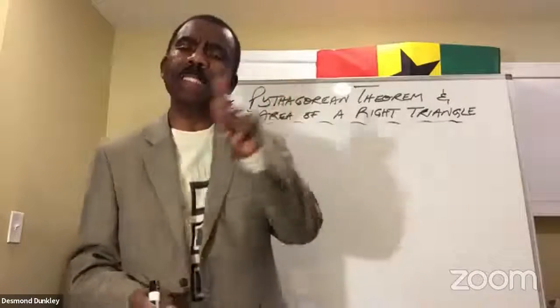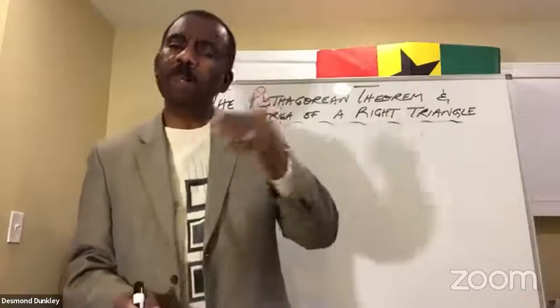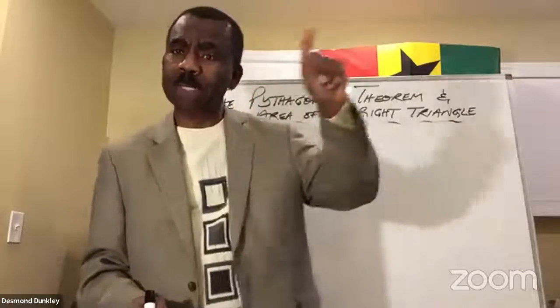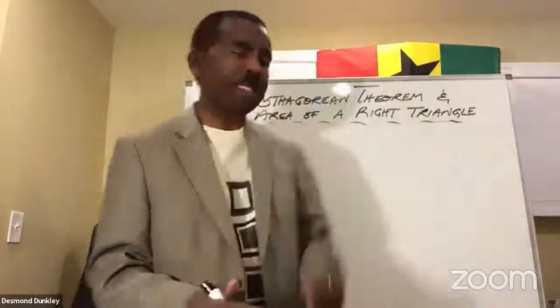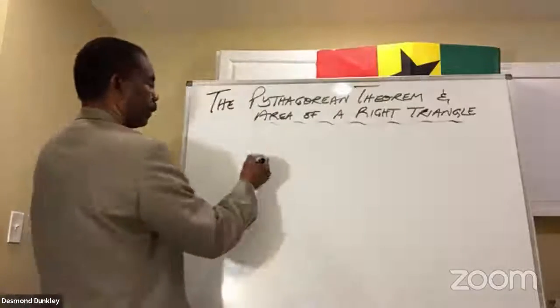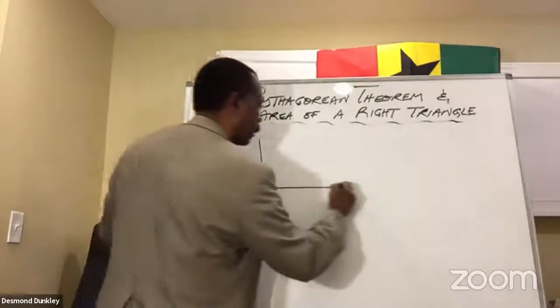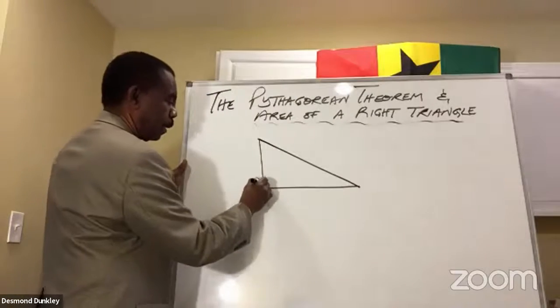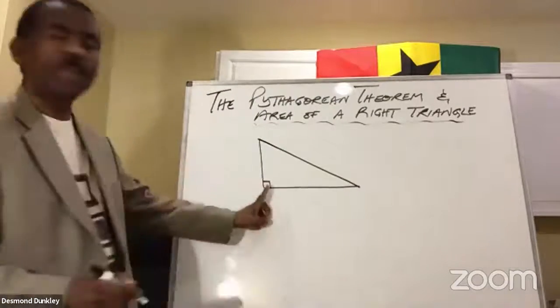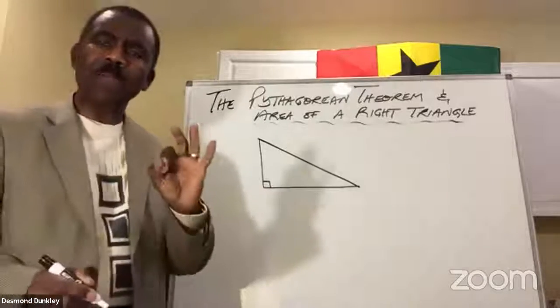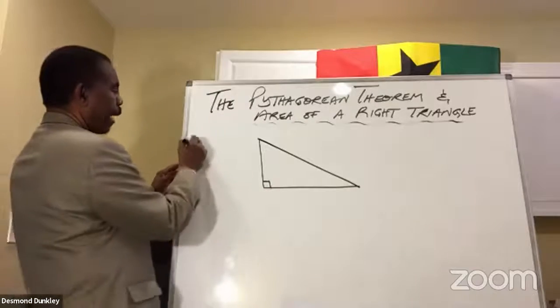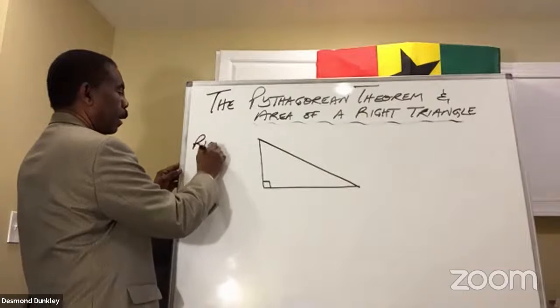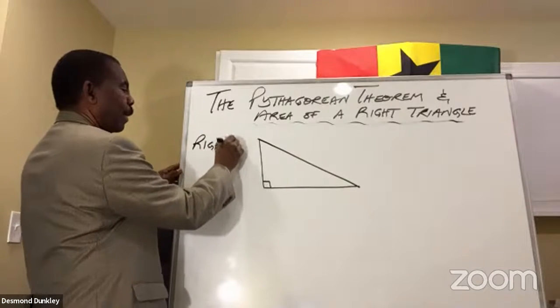So whenever you see that symbol, all people in math world know that it means 90 degrees. What is that symbol? Well, whenever you see this, it's 90 degrees. And this is a right triangle.